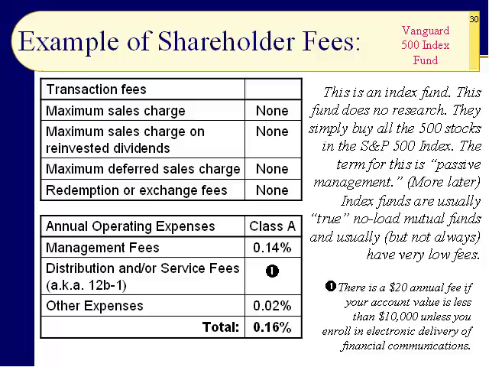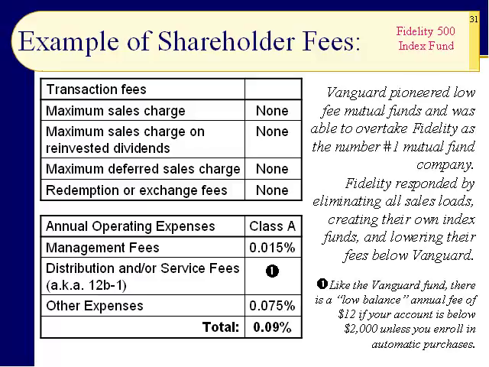Speaking of Fidelity, let's take a look at slide 31. You see, Fidelity used to be the #1 mutual fund company for decades. Not anymore. Vanguard pioneered the low-fee index fund world and was able to overtake Fidelity as the #1 mutual fund company. So you can imagine what was said in the boardroom at Fidelity.